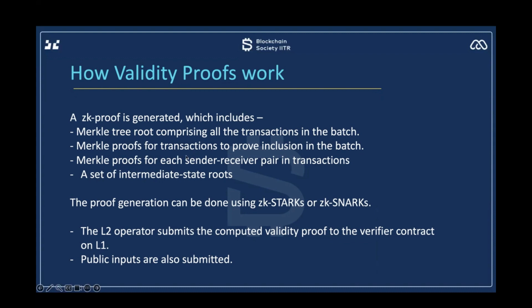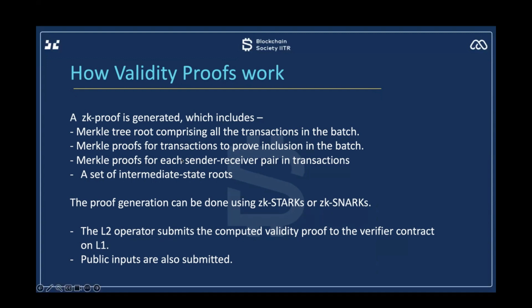So that Merkle proof is included. And a Merkle proof for each sender-receiver pair in transactions. And a set of intermediate state roots. Intermediate state roots are helpful in generating public inputs. And since we want to give as little information as possible, we are talking about zero knowledge, of course. So we create some intermediate state roots, and these are helpful in generating the public inputs, which are helpful in verifying the transactions.